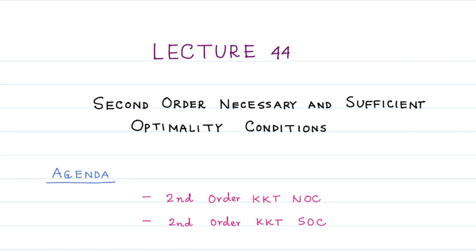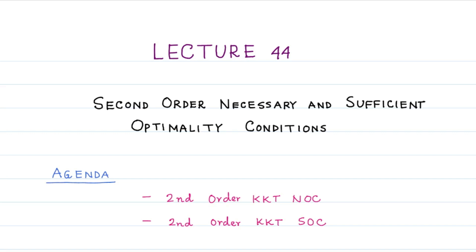Now, similar to the unconstrained optimization problems, where at an optimum point the second order necessary and sufficient optimality conditions were found, similarly for constrained optimization problems, what are the necessary and sufficient optimality conditions in terms of the second order partial derivatives of the objective function and of the constraint functions? That is the agenda of this lecture.